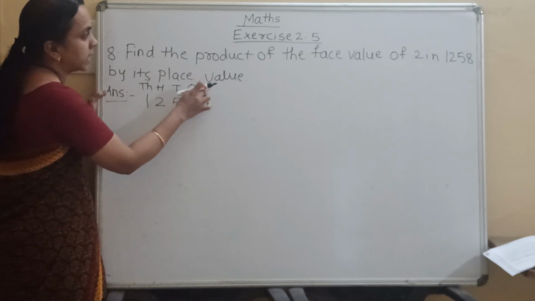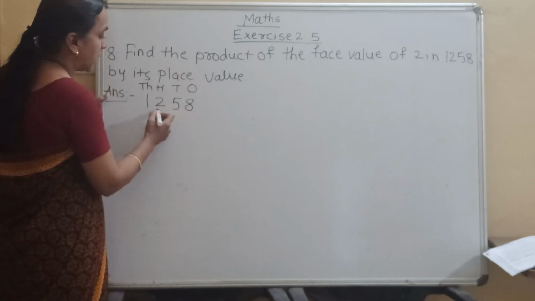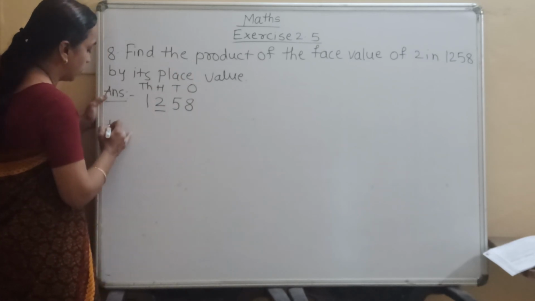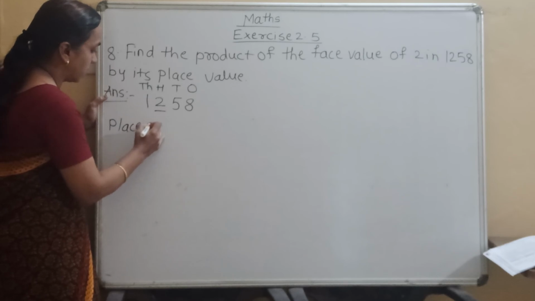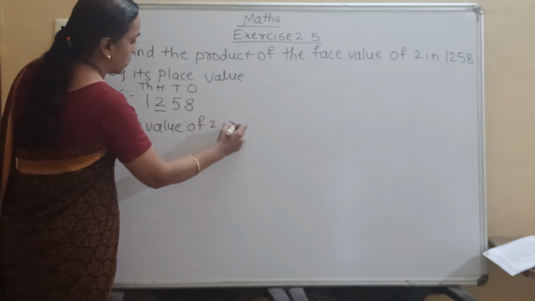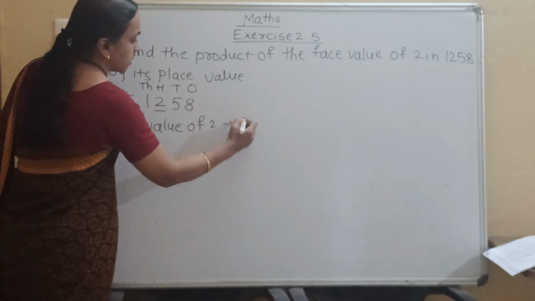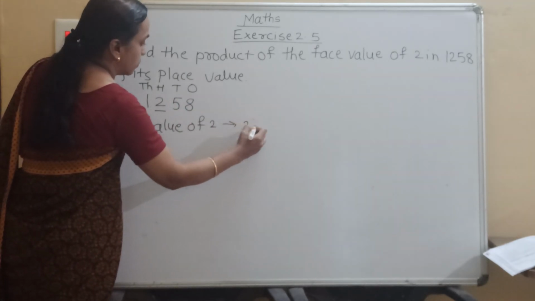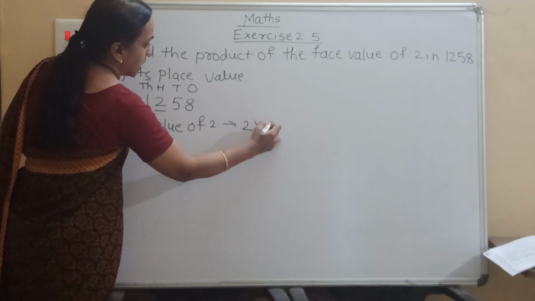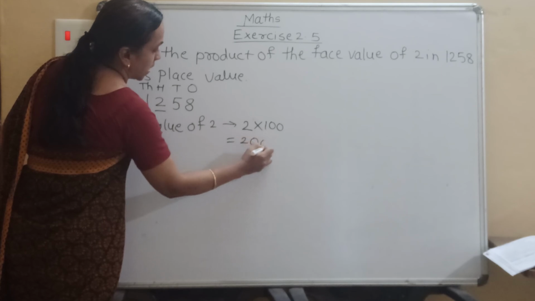We will first find out the place value. Okay. So we have to find out place value of this 2. We will write here place value of 2 equal to ones, tens, 100. So what is the place value of this 2? 100. 2 multiplied by 100 equal to 200.